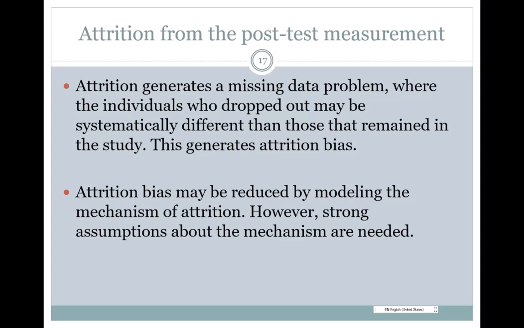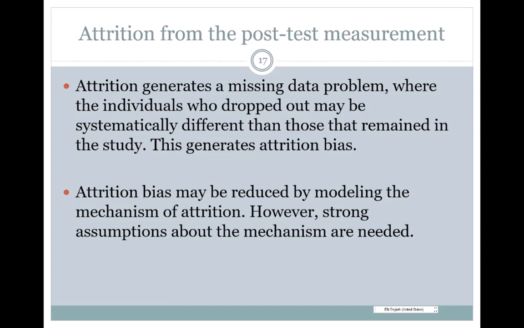You can also have attrition. An assumption when you're doing a quasi-experimental design is that there is no attrition after the treatment. Attrition generates missing data, and it can have a mechanism that's not random. In other words, the reasons for attrition may be related to the outcome, so you are losing part of the outcome for a specific group that's different than those that stay in the study.